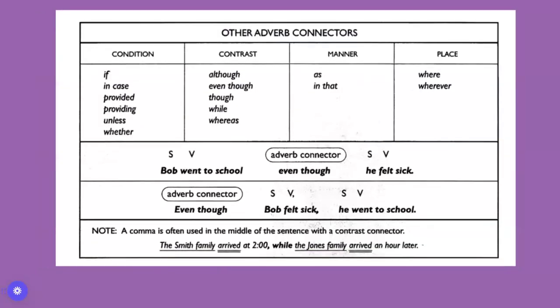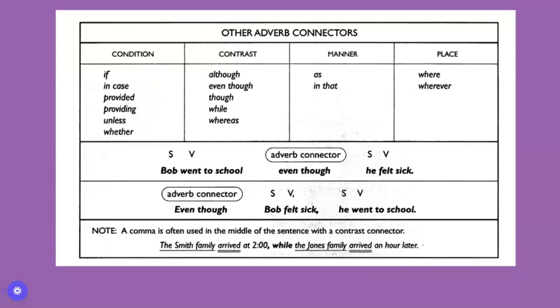Okay. Now here we have other adverb connectors. We have some that show a condition, like if, in case, provided, providing, unless, whether. We have others that show contrast. A very common connector that shows contrast is the word but.